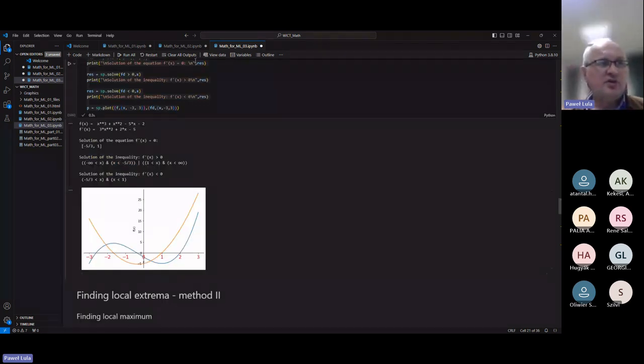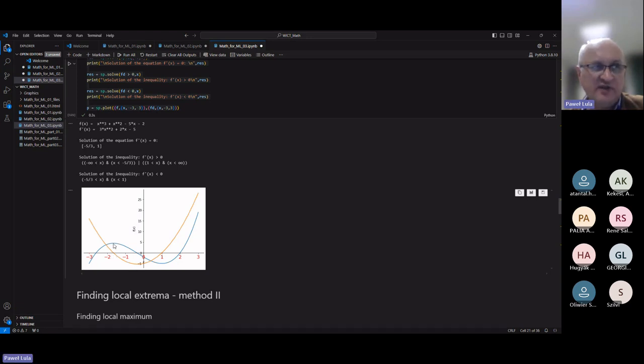So using this rule, we can find these extrema values for this blue function. First, we should solve the equation: the first derivative is equal to 0. So I should find zero points for this yellow function. It is minus 1.7 and plus 1. In the first case, for x equal to about minus 1.7, the first derivative changes its sign from positive to negative.